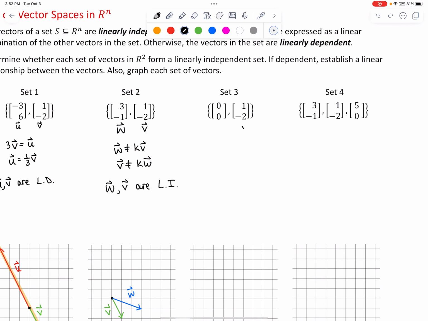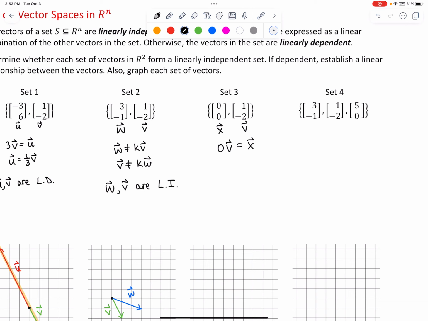The second vector is still vector v. The first vector is new. We'll call that vector x. But because the x vector is the 0 vector, you can scale vector v to become it. So it is true that 0 times vector v will give us vector x. So this is a trivial linear combination of one vector to produce the other.